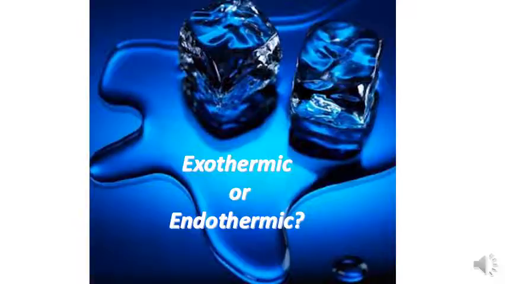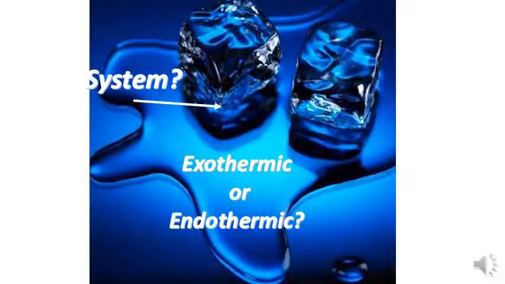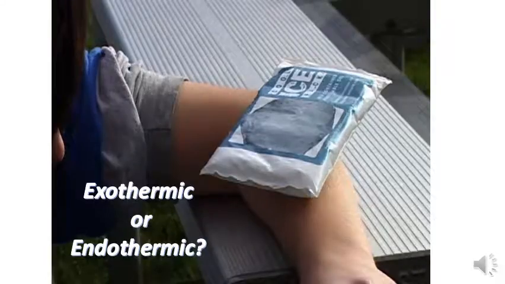Exothermic or endothermic? Well, you might have guessed already that the point of view is the ice cube itself. So the ice cube is melting, so it has to draw heat energy into itself to get it to melt, so that is endothermic. Okay, so the ice pack itself. The ice pack will be our system.